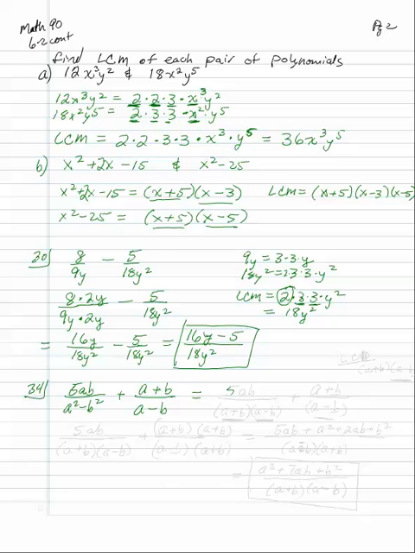Okay, so in practice what I do is I just factor both the denominators right in my problem, like this. Now I look at the denominators to say, well, what's my LCM?